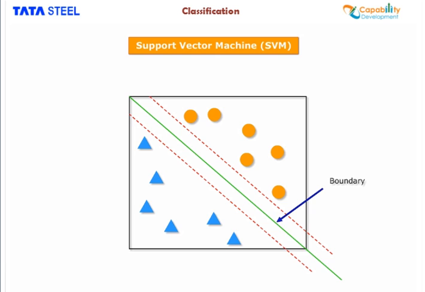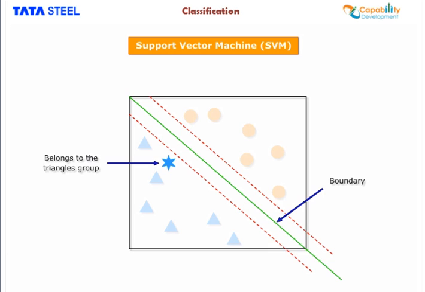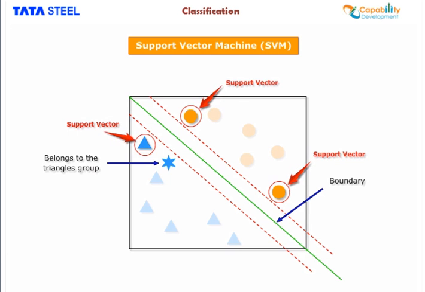Once a boundary is fitted, you simply need to check whether a new data point lies inside the boundary or not. The advantage of an SVM is that once a boundary is established, most of the training data becomes redundant. All it requires is a core set of points that helps in identifying and fixing the boundary. These data points are called support vectors because they support the boundary.